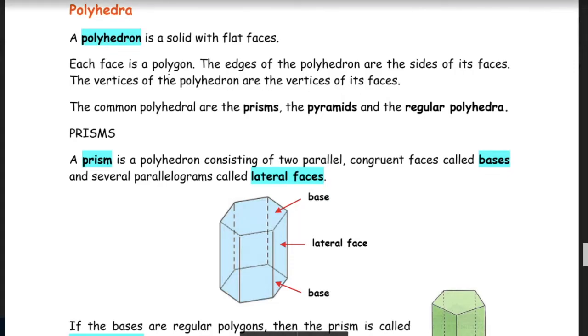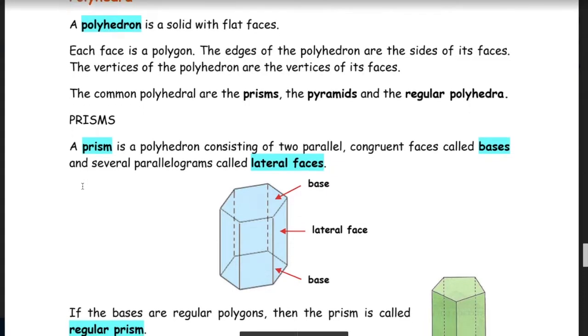So each face is a polygon. Remember what a polygon is. It's a shape like a rectangle or a square or a triangle. It's a flat shape. The common polyhedral are the prisms, the pyramids, and the regular polyhedra.